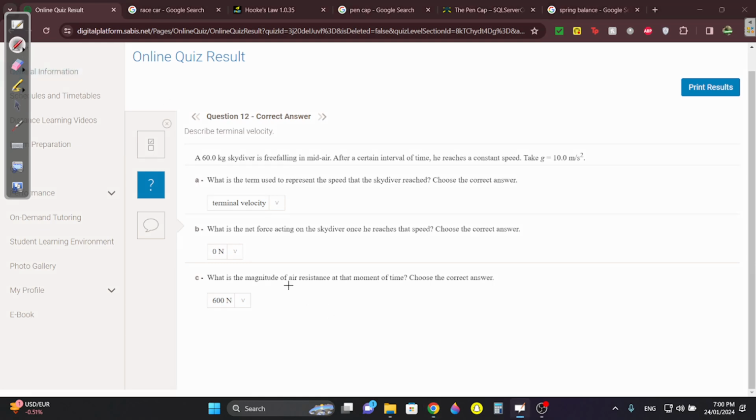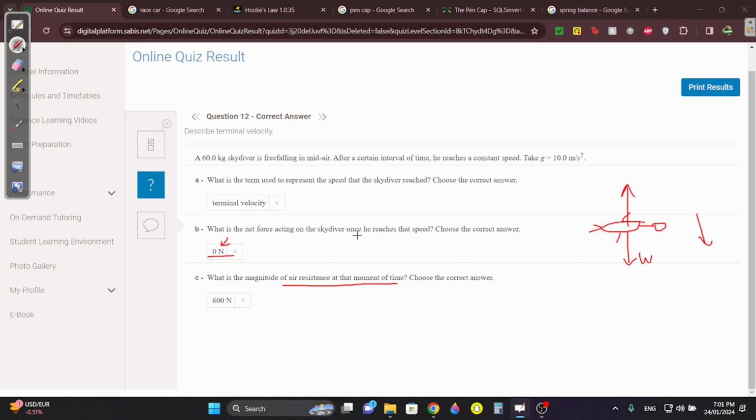What is the magnitude of air resistance at that moment of time? To have a 0 newton net force, let's say this is the person skydiving, falling down in the air. What force is going to be acting here? It's going to be the weight, obviously. And since we have a net force of 0, there's going to be a force canceling out the weight.